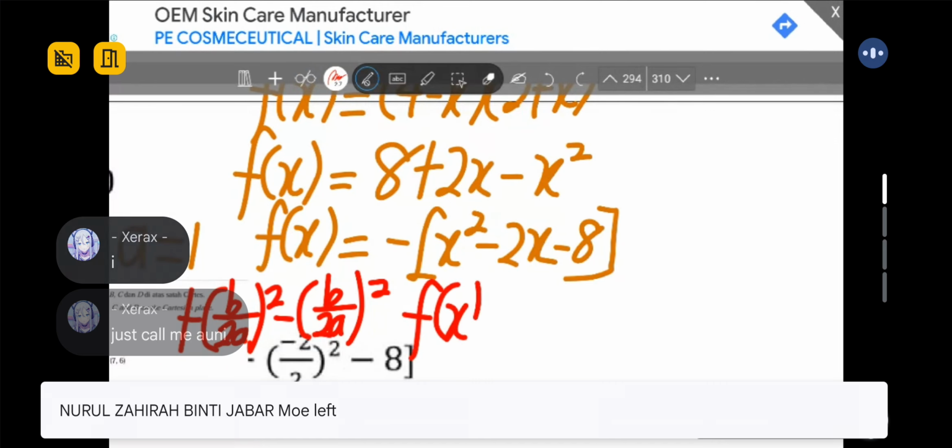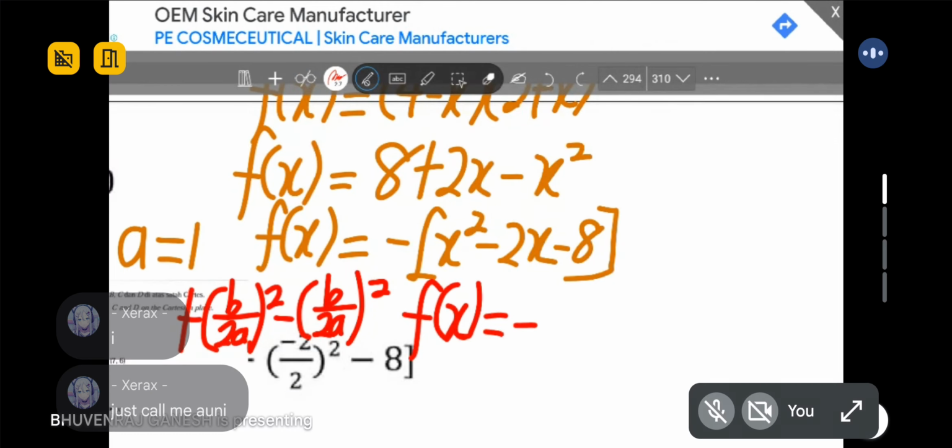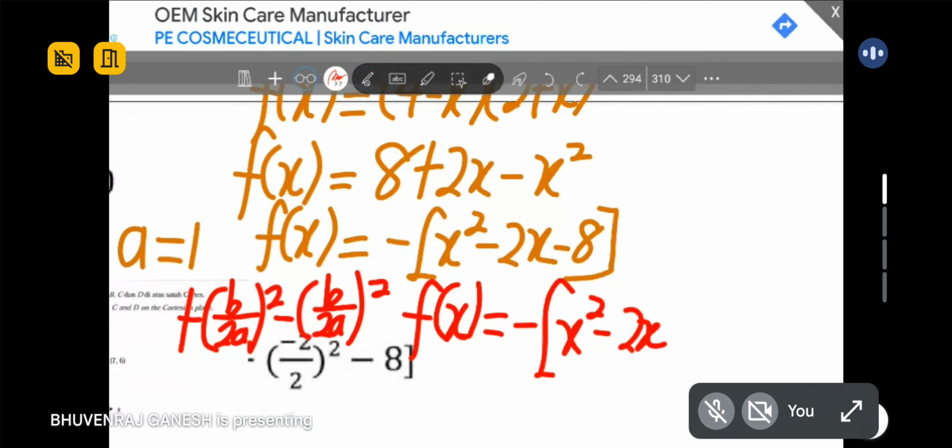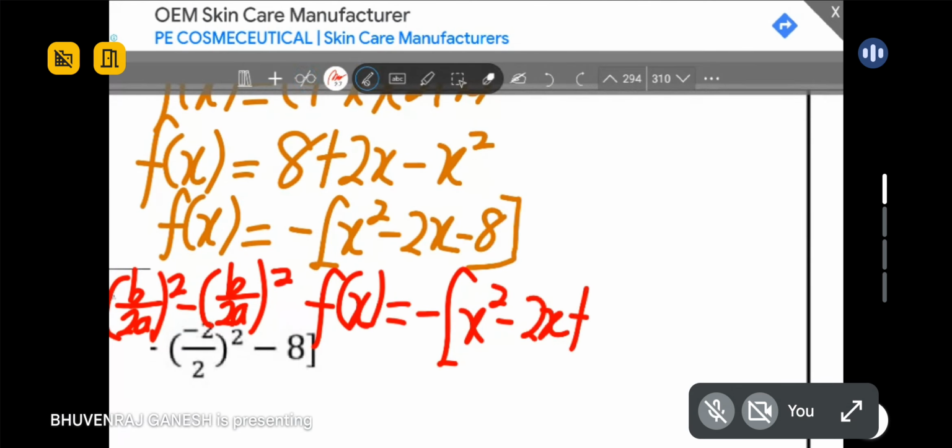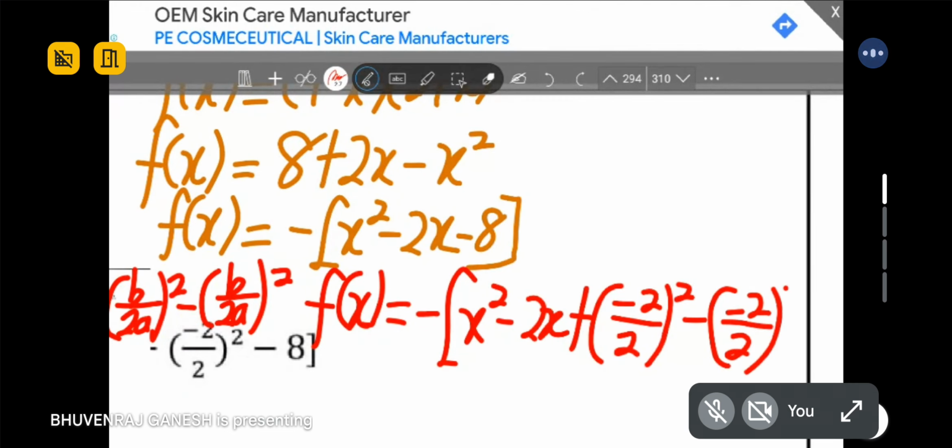So f(x) equals the equation, x squared minus 2x. Now you add here, tambah kat sini, plus (b over 2a) squared minus (b over 2a) squared.